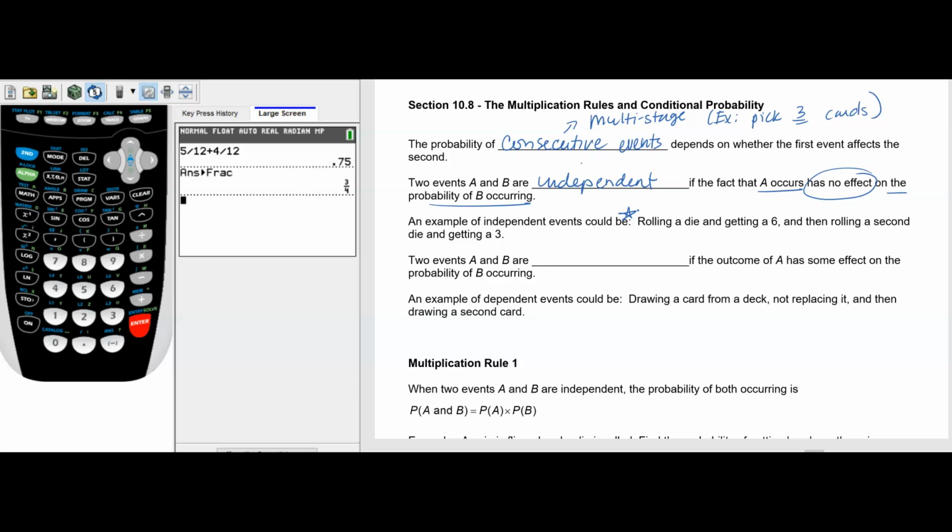If the events are not independent, then they're considered dependent, which means that the outcome of the first event does have some effect on the second. For example, if you draw a card from a deck of cards and you do not put it back.